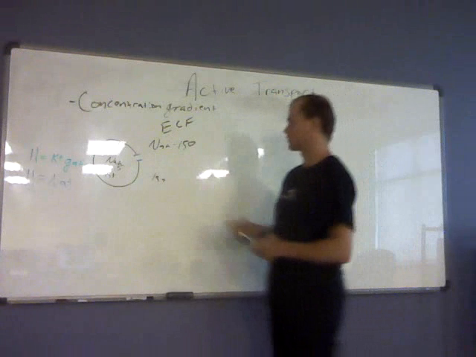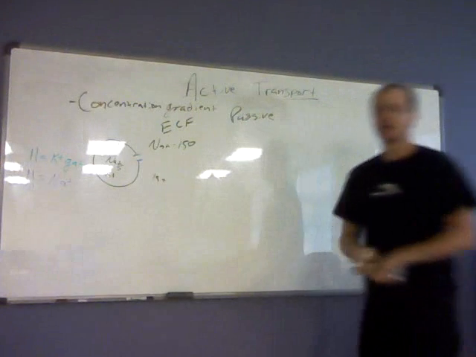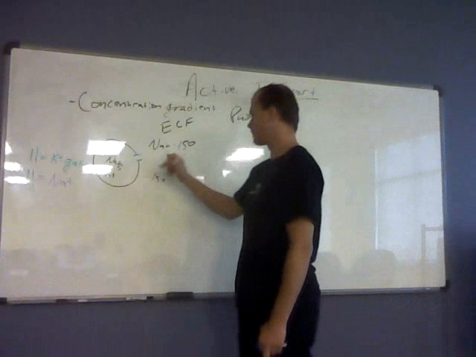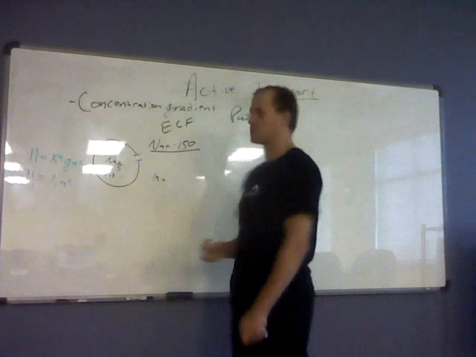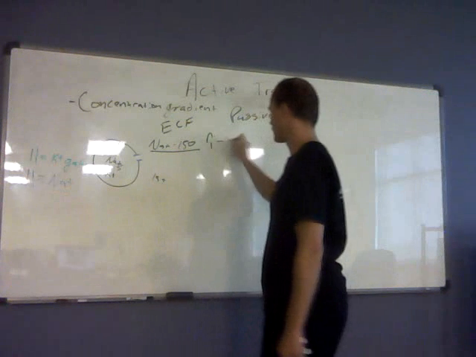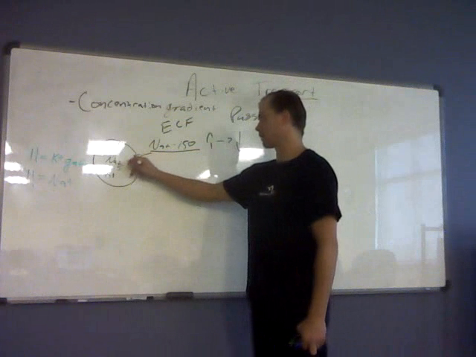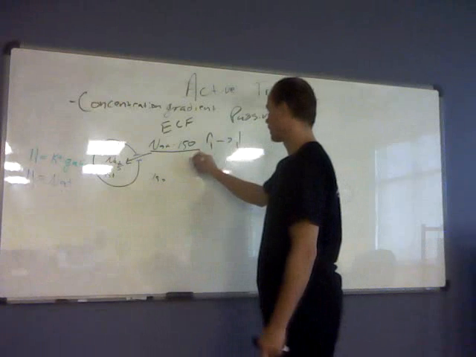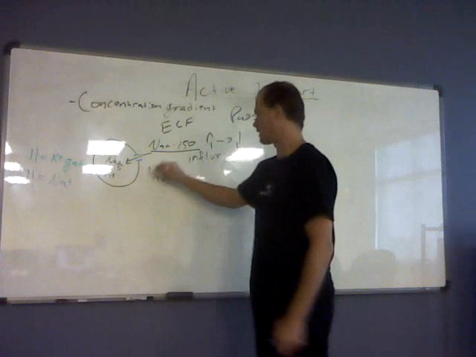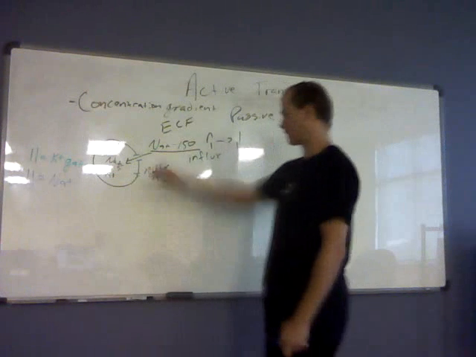And remember, if we're just talking about passive transport, like regular diffusion or facilitated diffusion that we talked about in previous videos, this sodium is going to move down its concentration gradient. That means it's going to move from an area of high concentration to low concentration. So our sodium ions are going to travel inside the cell. We would call that an influx of sodium. If it was moving out, we would call that an efflux, but obviously that's not going to work out because of the concentration situation.